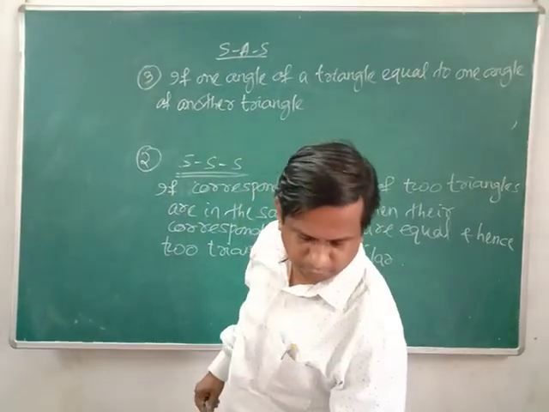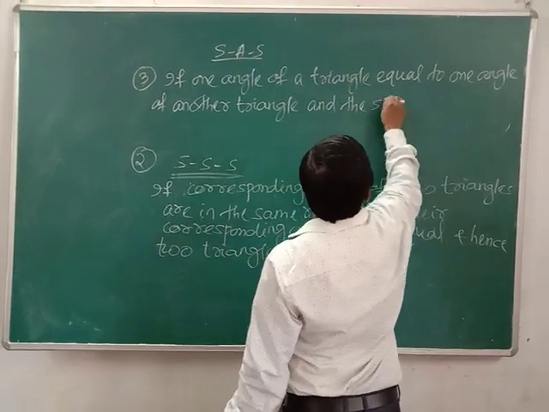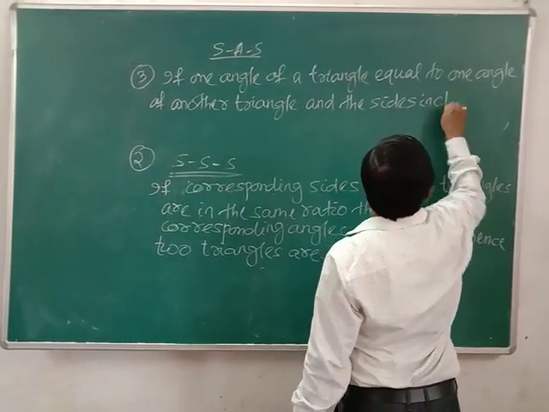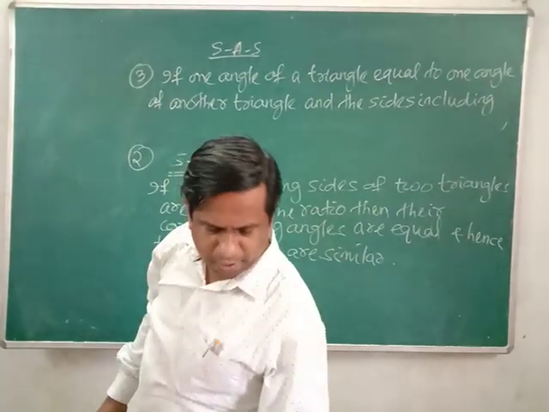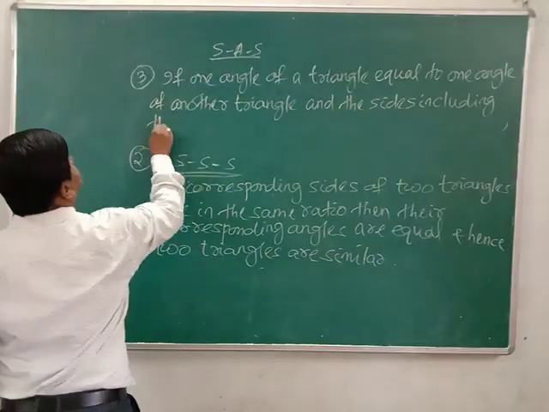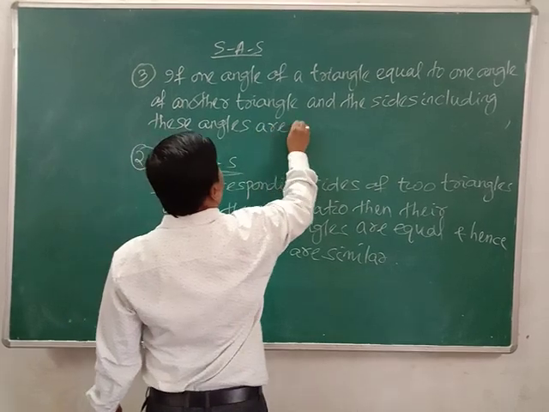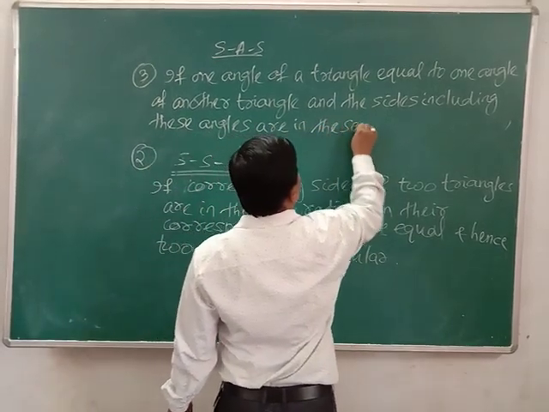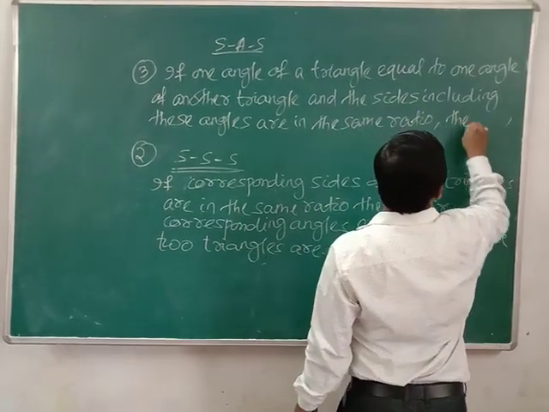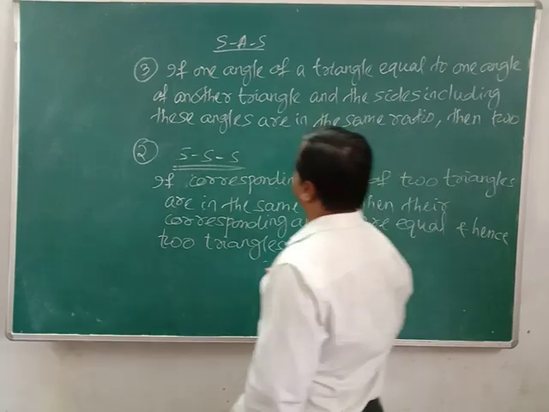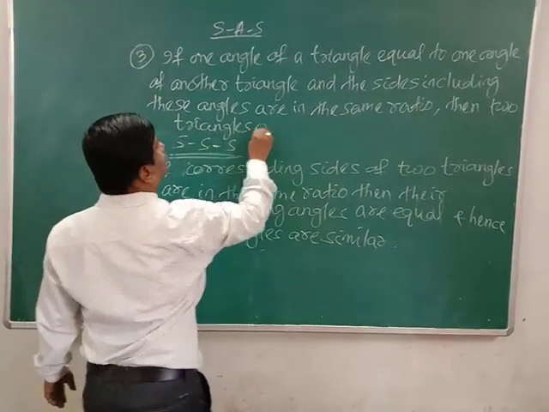and the sides including the angle, this is an important concept, you understand, including these angles are in the same ratio, then two triangles are similar.